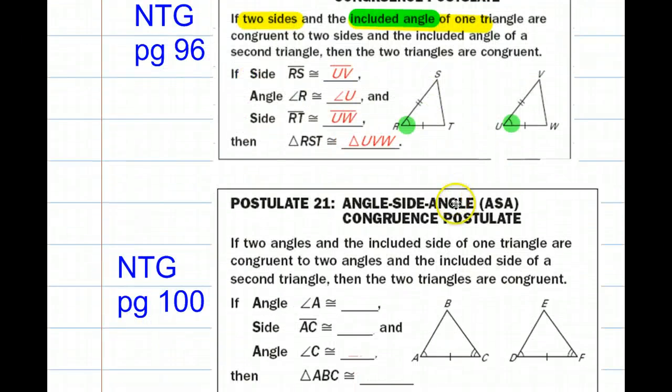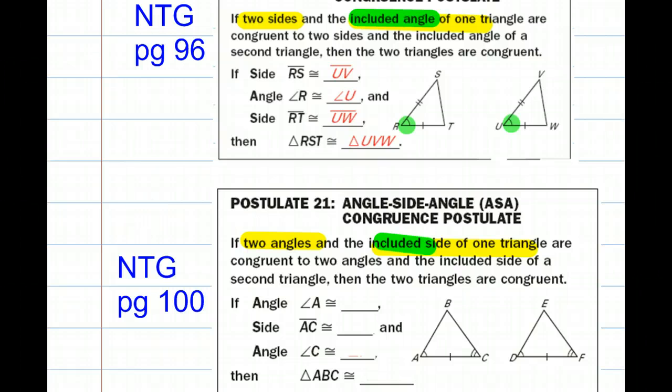Now let's take a look at another shortcut, postulate 21, and it's called angle side angle. So instead of having two pairs of corresponding sides being congruent, if you can show that two pairs of corresponding angles are congruent, and then one pair of corresponding sides is congruent, as long as that side is the included side between the two angles, then that's another congruent shortcut.